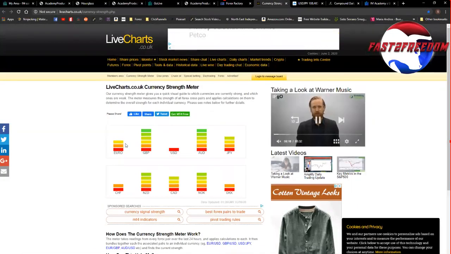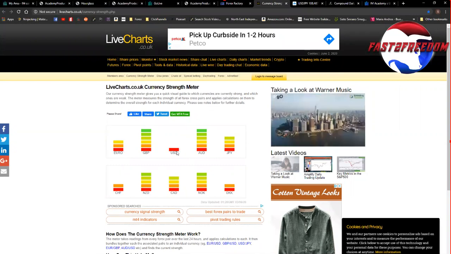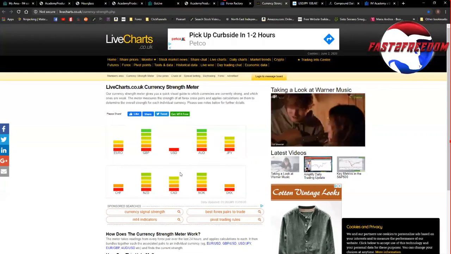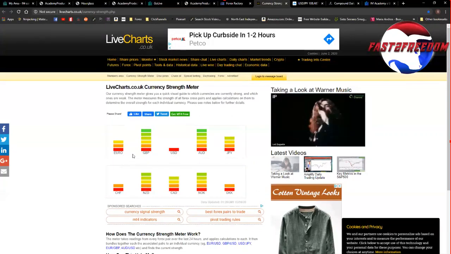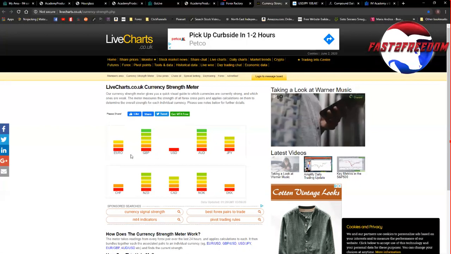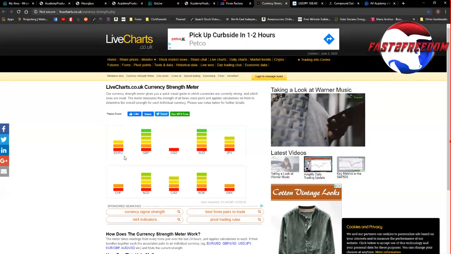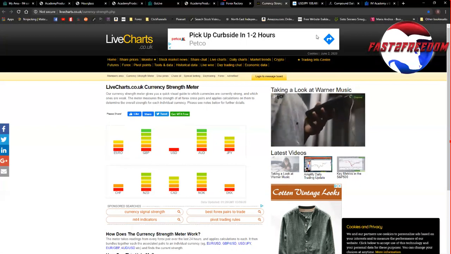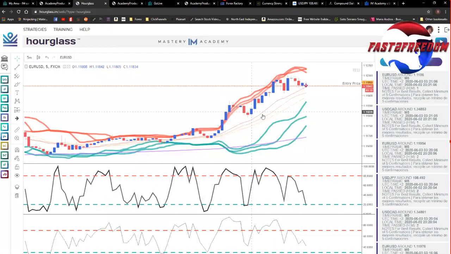Okay, so Euro USD, we have 3 bars for Euro. So it's stronger than the US dollar. It's only 1 bar for the US dollar. So let's go back. That means if we're looking at Euro USD, and if it's giving us an up arrow on Euro USD, then that's a good trade, because the strength is going with the direction of the arrow for that trade.